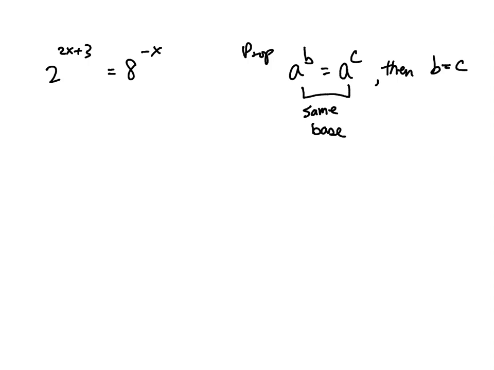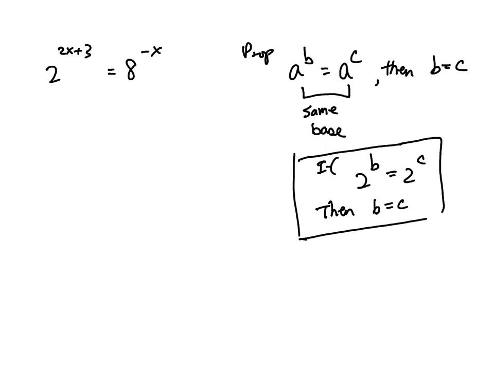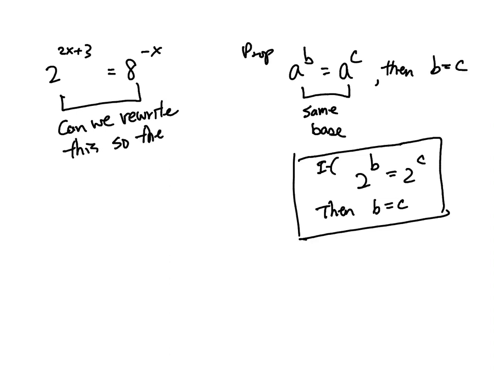For example, if 2 to the b equals 2 to the c, then b equals c. Now, can we rewrite this question so they have the same base? That doesn't always work, but in this case, I think we can.